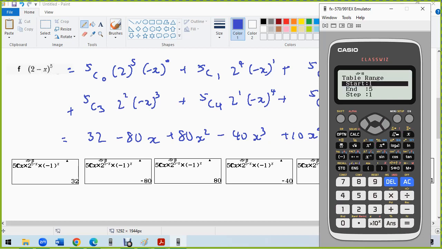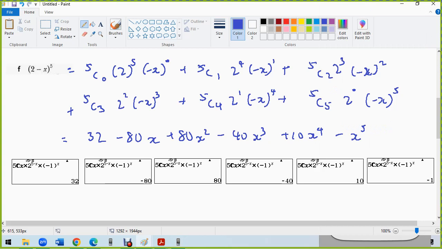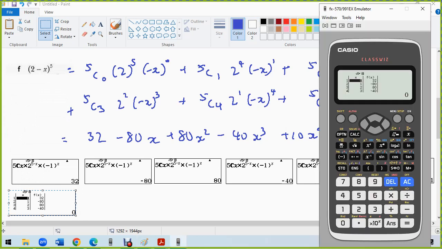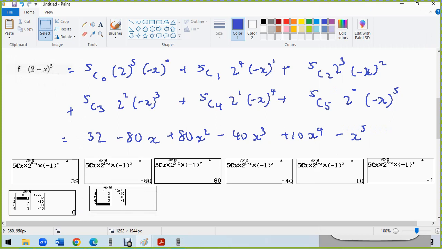Start from 0 and 5 subside 1. So we have the 32, negative 80, 80, negative 40, and then we have the 10 and negative 1. Yes.